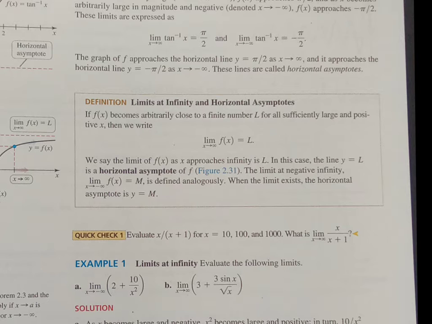So on this quick check, they're saying here's this function x over x plus 1, and they're telling you to evaluate it for 10, 100, 1,000. You can do that if you want. That would just be 10 over 11, 100 over 101, 1,000 over 1,001. And as we keep plugging in bigger and bigger numbers, what is this limit going to approach?